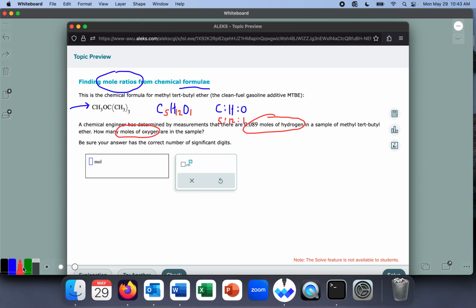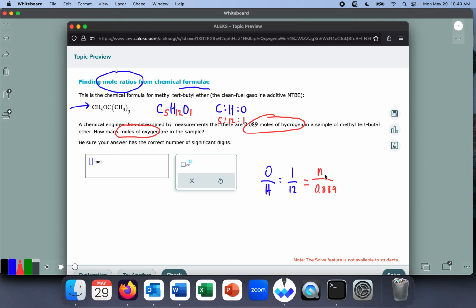I got it. Okay. So what I'm being asked here now is, what's the ratio of oxygen to hydrogen? Right? And I know what it is because I've made some notes here. It looks like it's 1 to 12, right? So it gets 1 to 12. And I know the moles of hydrogen. The moles of hydrogen are 0.089, and I'm being asked the moles of oxygen.